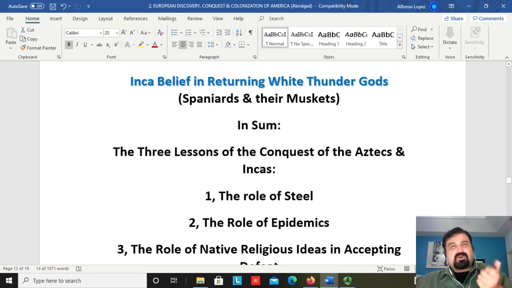And of course, when they heard the roar of the muskets that they brought, it was like thunder. So they were convinced that those were the thunder gods. That also was a psychological factor that convinced a lot of the Inca leadership and warriors that this is the end, because gods are appearing.